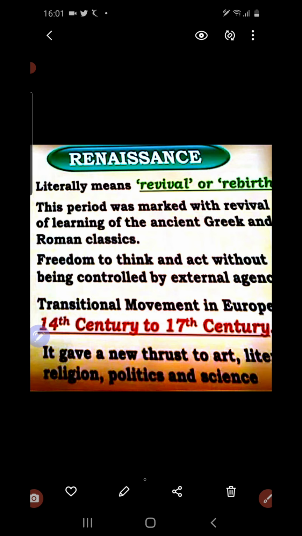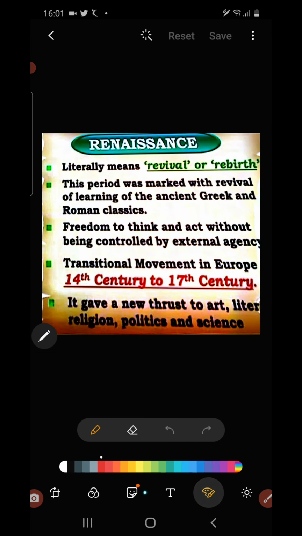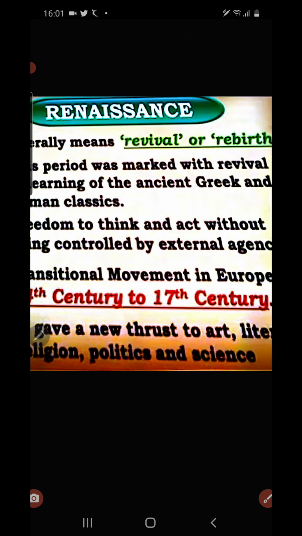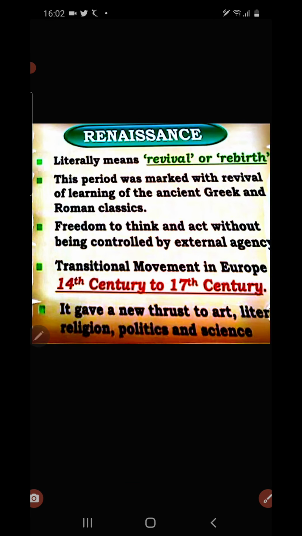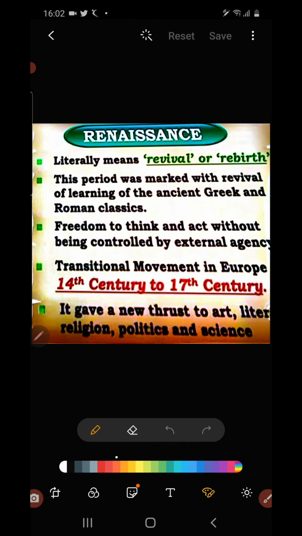Then what is this revival or rebirth? It is a kind of thought process, a kind of awakening or consciousness that emerged in the minds of the people. The revolution which took place among the intellectuals in their thought process can be called Renaissance. It happened at the end of the medieval period in Europe.